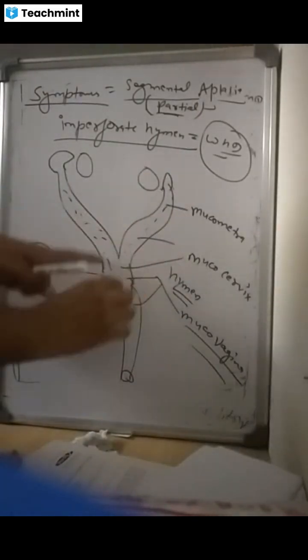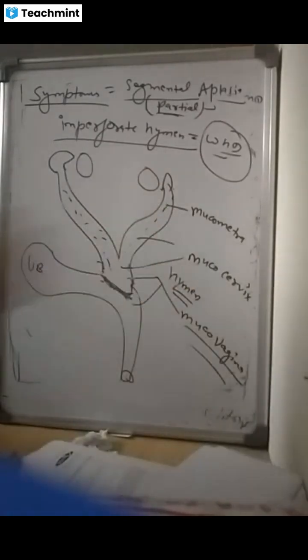There is accumulation of fluid in the uterus, cervix, and cranial vagina.